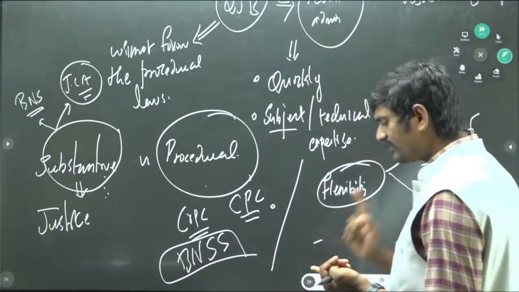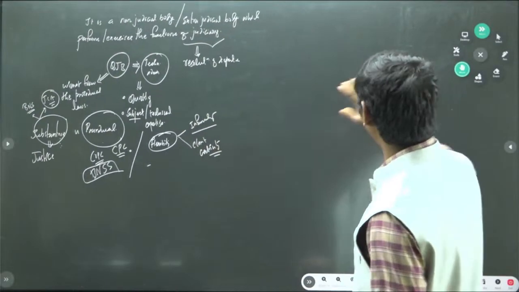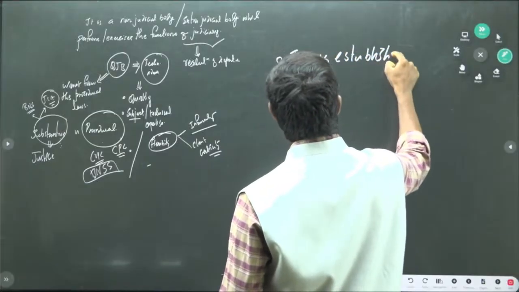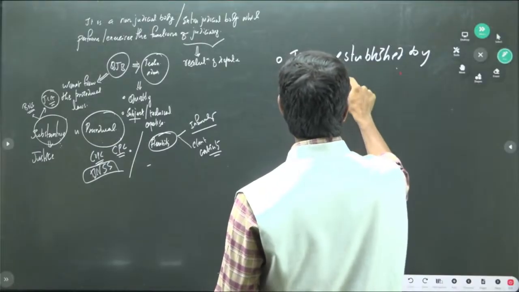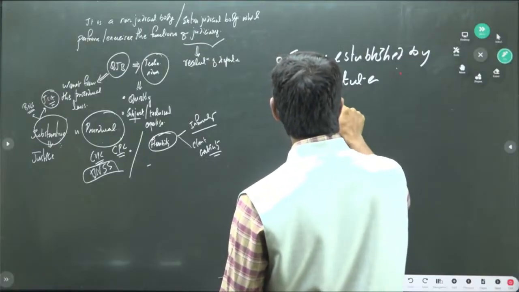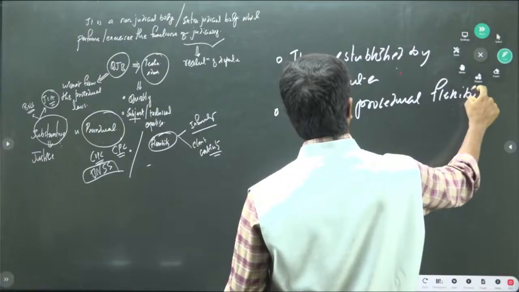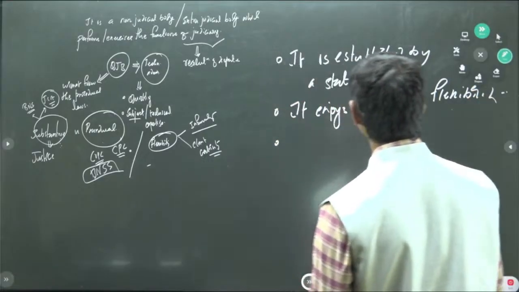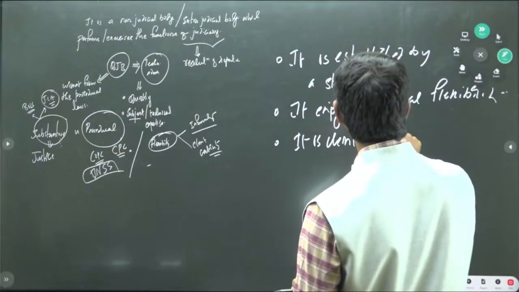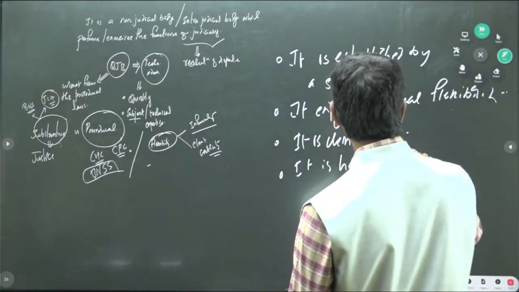I hope you understood. A quasi-judicial body has these characteristic features. Number 1, it is established by a statute. Number 2, it enjoys procedural flexibility. Number 3, it is client centric. It is headed by experts.